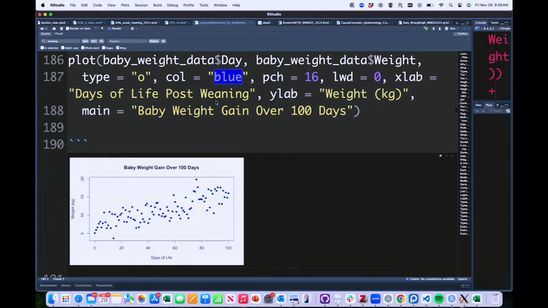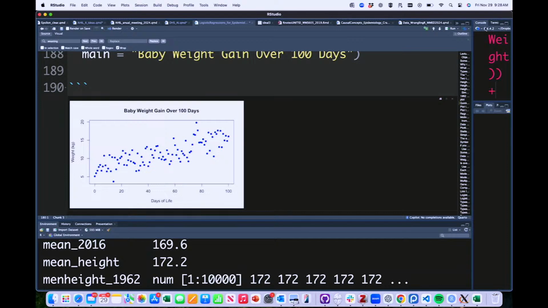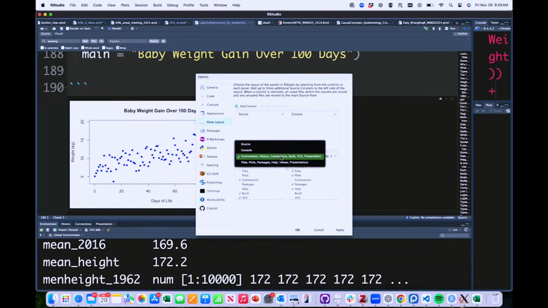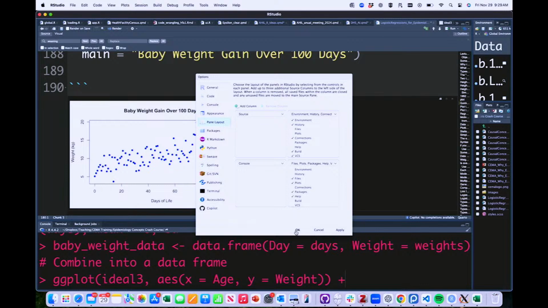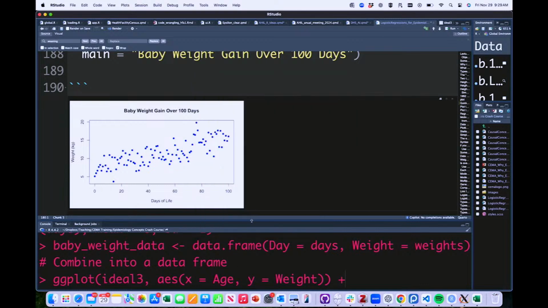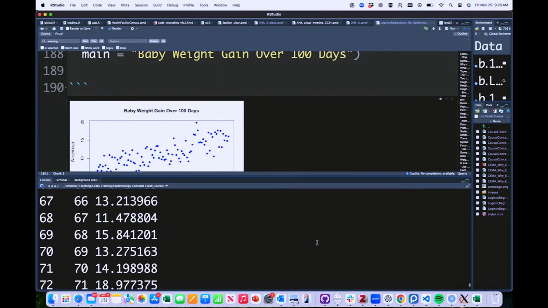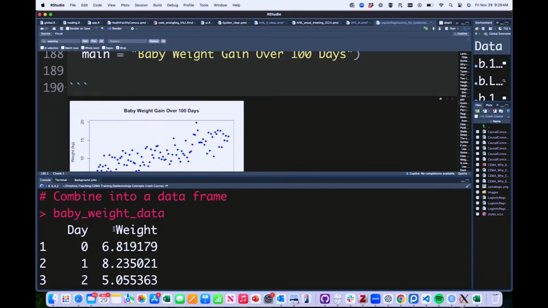So when you look at your baby weight data, if you have gotten to the level of getting the data frame, baby weight data has two columns, a column called day and a column called weight.